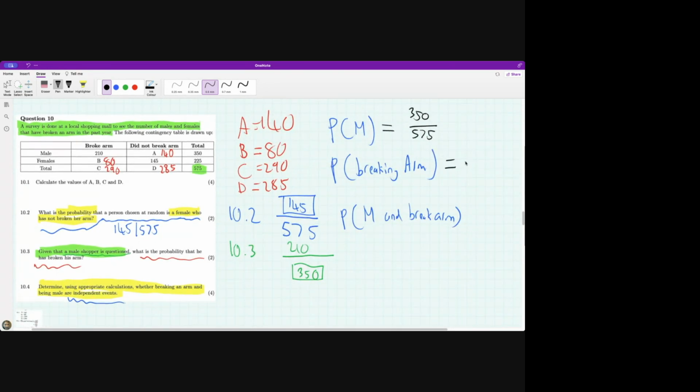Now, what is the probability of someone in the sample breaking their arm?